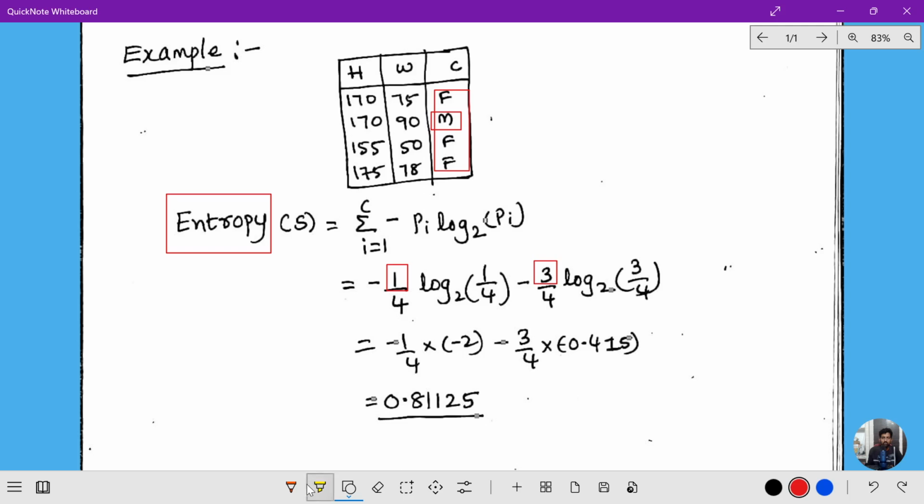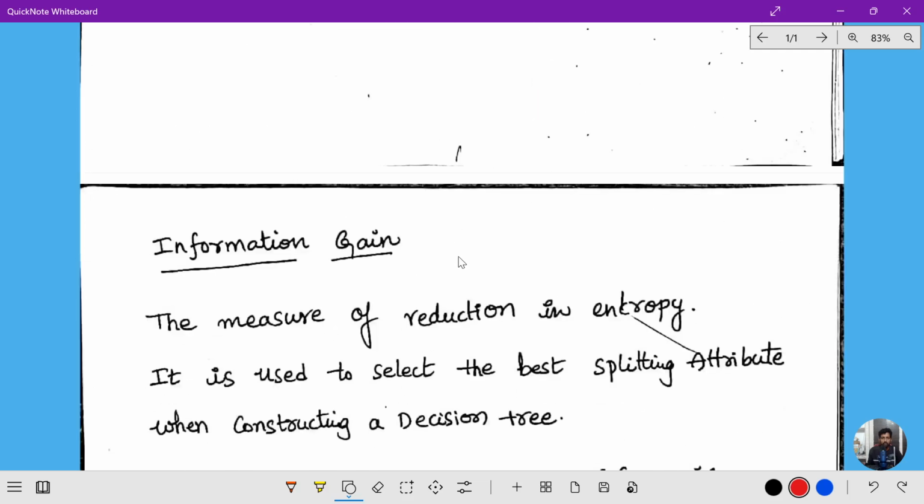How does this 4 come? Because of the number of samples: 1, 2, 3, 4. So this is minus 1 by 4 log base 2 of 1 by 4, minus 3 by 4 log base 2 of 3 by 4. The answer is 0.81125. So this is the way to calculate the entropy.